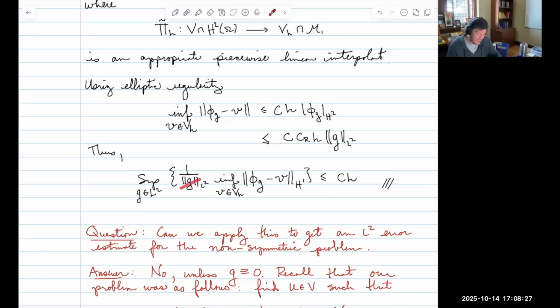What happens is the L2 norms of g cancel, and we lose all dependence on g. So g goes away, and we don't have to worry about taking a supremum. All that's left over after that cancellation is a bunch of constants times h, in fact just two constants, C and C_R times h. So I'm just going to resolve that as a single constant times h.